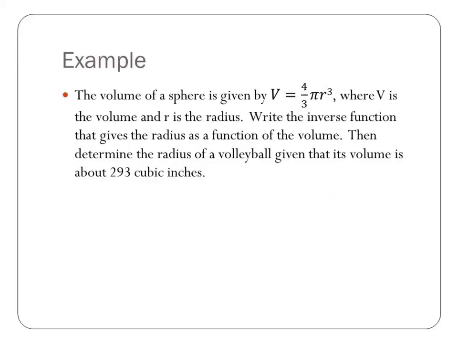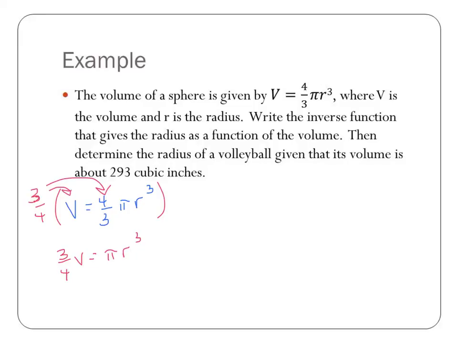So to do that, we write down the problem. How do we get r by itself? Well, I would start out by multiplying the whole thing by 3/4. So you're going to get 3/4 V equals pi r cubed, because the 3/4 is going to cancel with the 4/3 when you multiply it by 3/4.